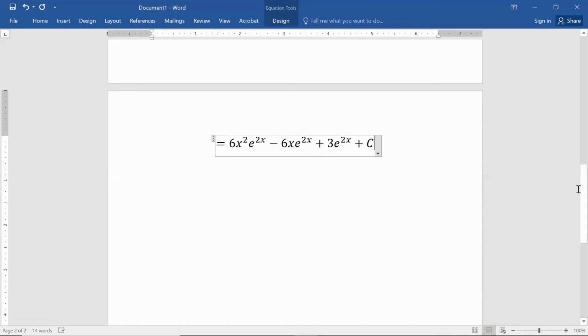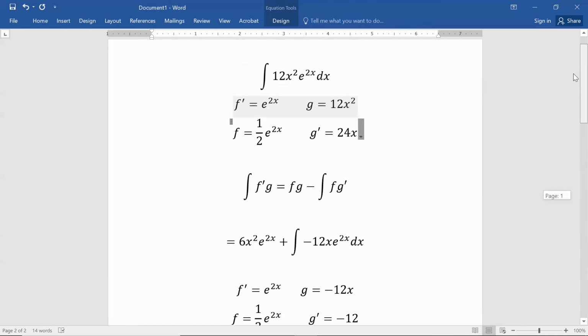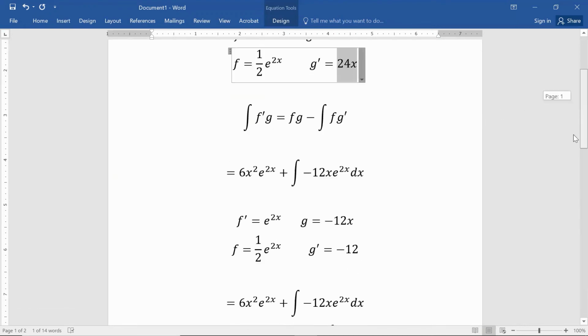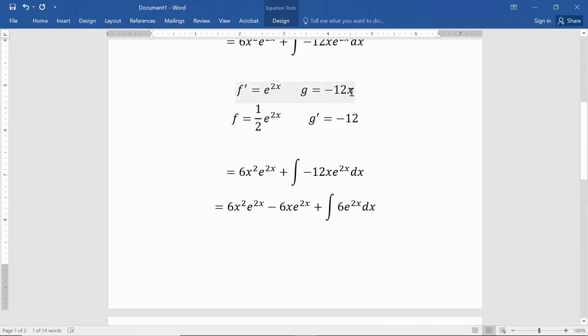Notice what happened here. I had started with a quadratic polynomial. When I did one derivative, that got me down to a linear polynomial. And when I did a second derivative, it got me down to a constant.